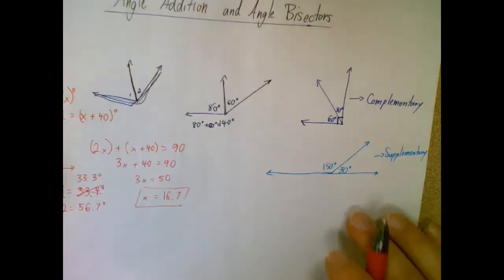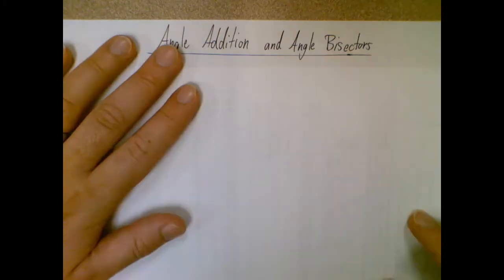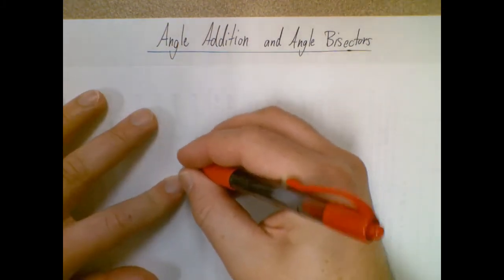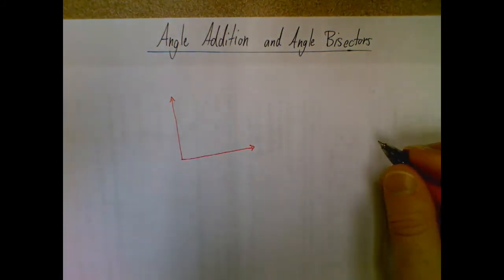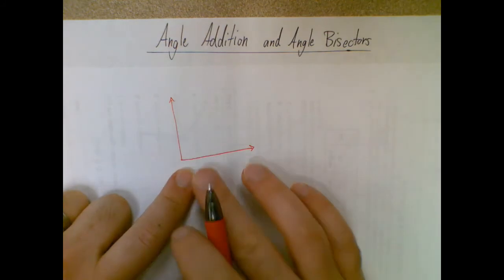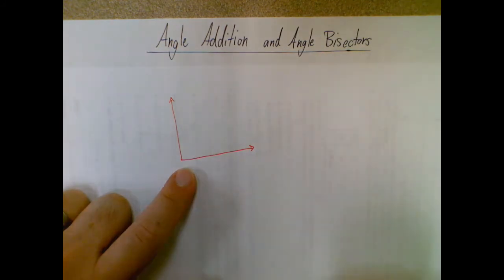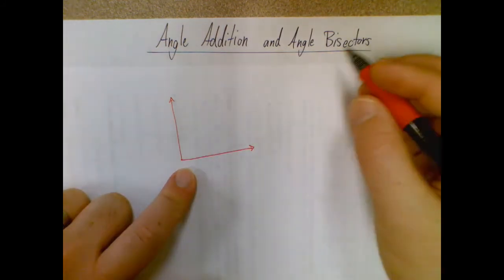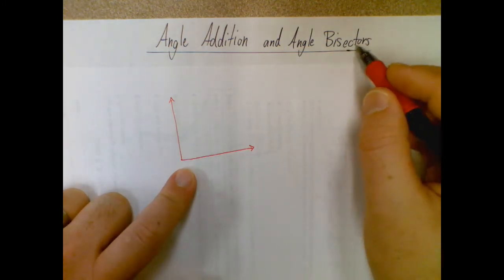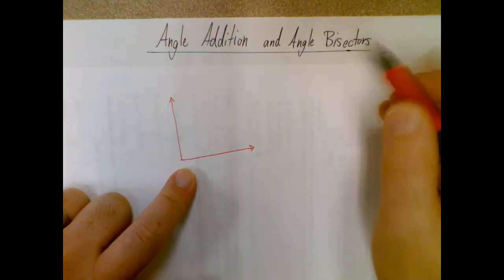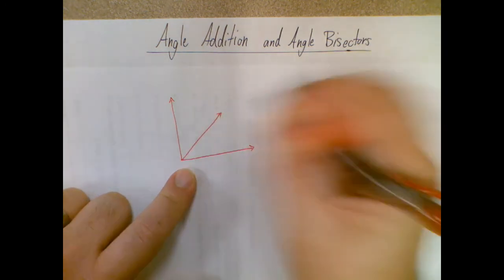One last thing to show you is what if we have an angle bisector? What exactly does that mean? This is not as crazy as it sounds. This kind of looks like a right angle, but it doesn't really matter, so I'm going to ignore that. An angle bisector literally means bisect, which means two pieces. I'm going to cut it exactly in half.